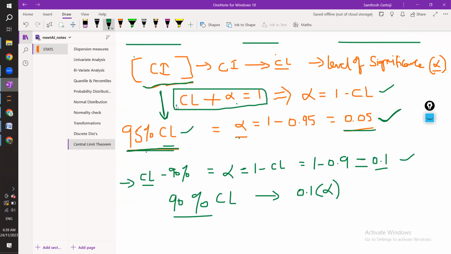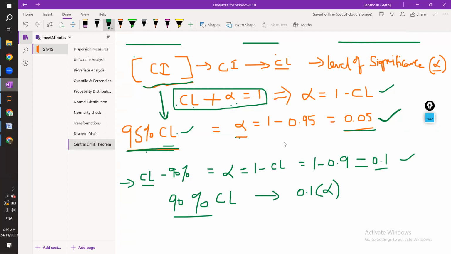Now, there is something called level of significance, whose relation is this way: confidence level plus level of significance will always be equal to 1. So if you increase the confidence level, the level of significance will decrease. If you decrease the confidence level, the level of significance will increase, because they should always add up to 1.